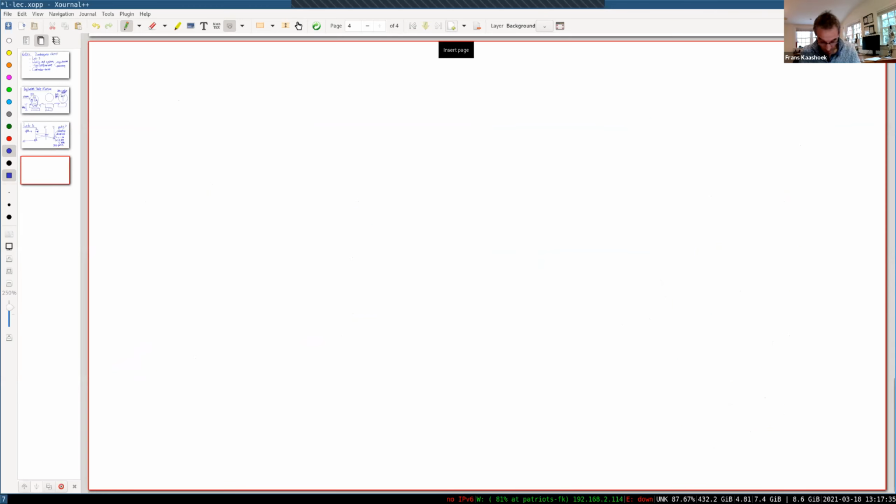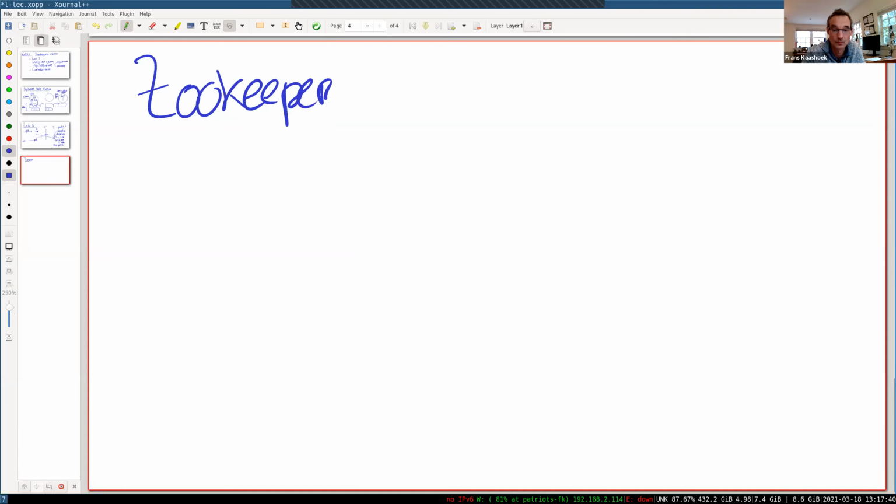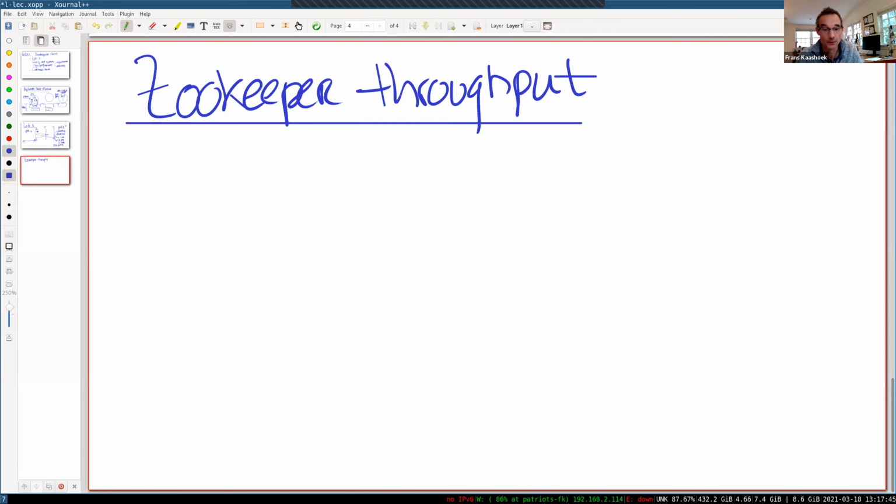Okay, let's look at Zookeeper. Again, the metric that the paper is interested in is the throughput metric, where you have many clients, and they pump many requests to Zookeeper as much as possible, and pipeline them aggressively.